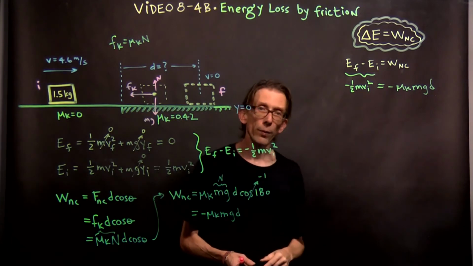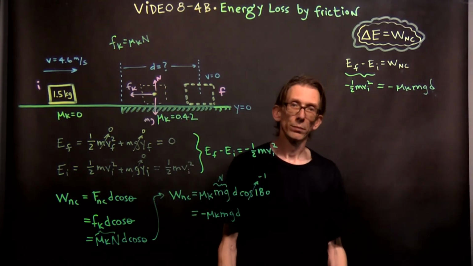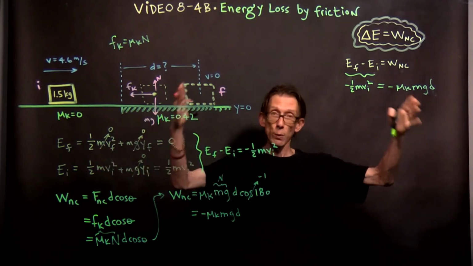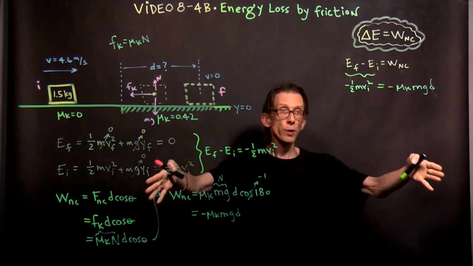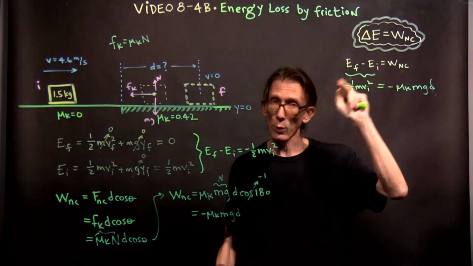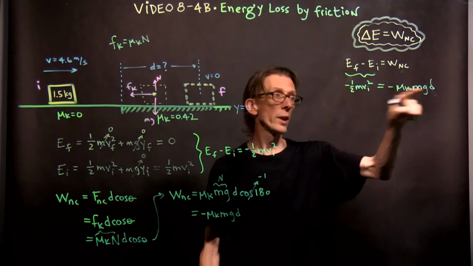And what are we looking for, friends? We're looking for the displacement. It's right there. Like I said, follow the principle into the thicket. It will guide you, and you will find what you need if you stick with this. Find E sub F, find E sub I, find the work done by the non-conservative forces. Put them in, and now we can solve for everything.